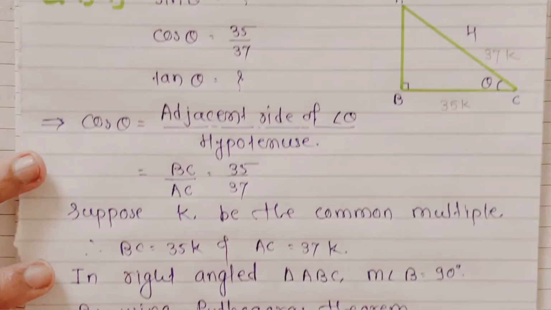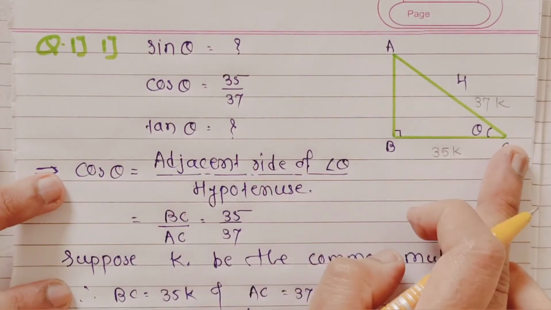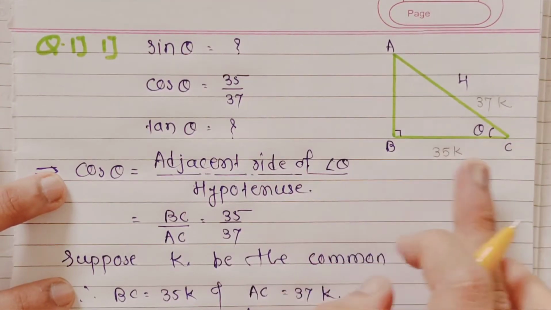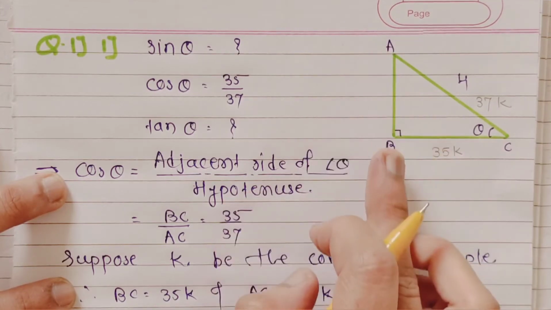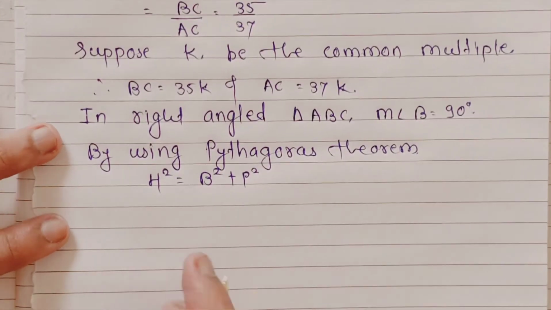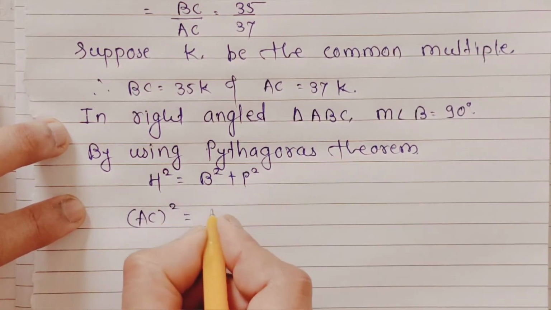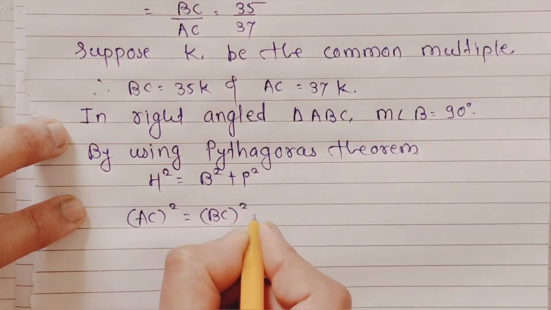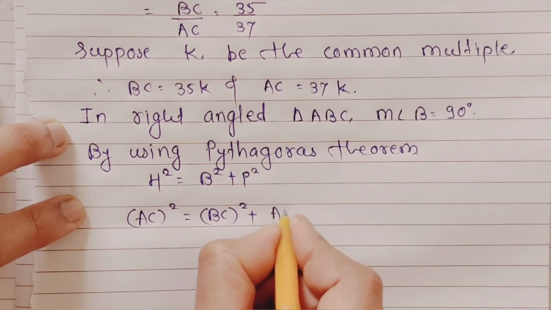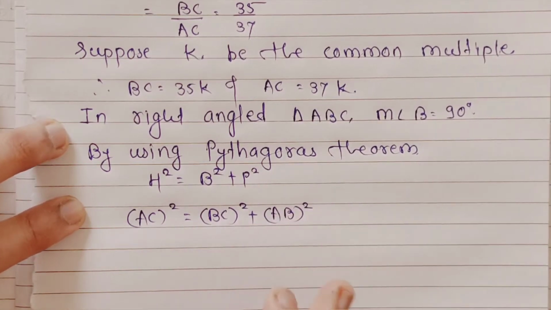See the figure? Hypotenuse square, that means AC square is equal to base square, that means BC square, plus perpendicular square, that means AB square. So simply values put करूया.